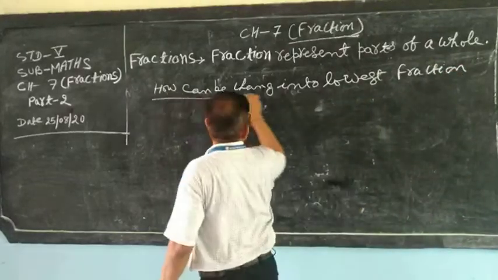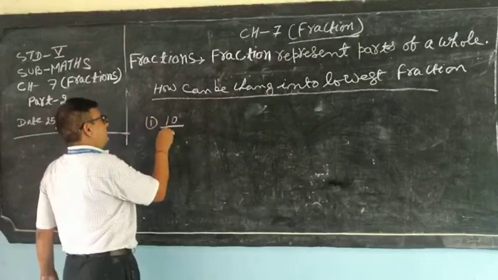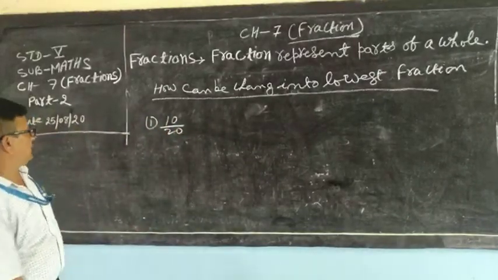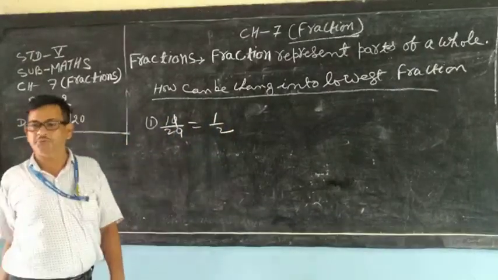I am writing 10 by 20. Cancel the 0s. So the lowest term is 1 by 2.